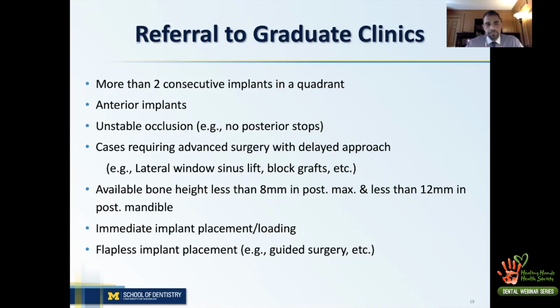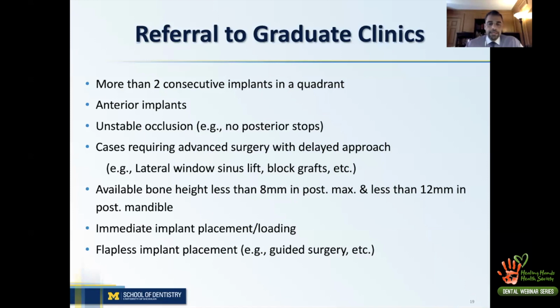Cases that do not have bone height that is more than 8 millimeters in the posterior maxilla or 12 millimeters in the posterior mandible. Why? As we mentioned, we prefer to place 10 millimeters or longer of implants in the pre-doctoral patients.